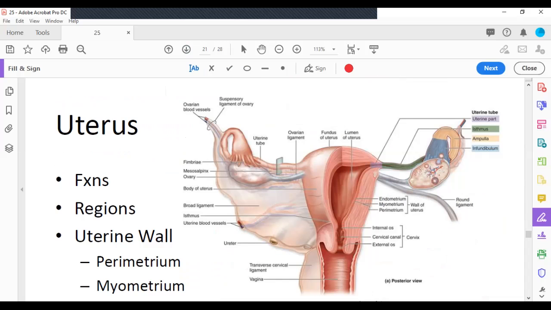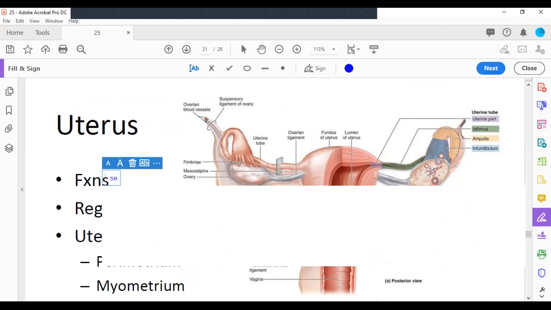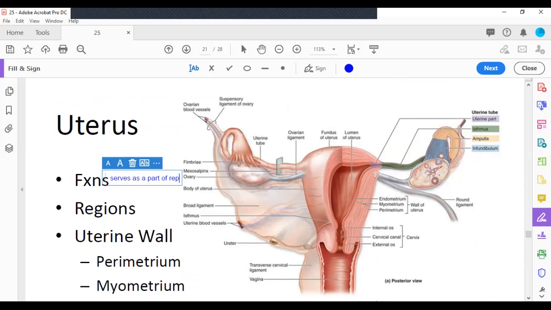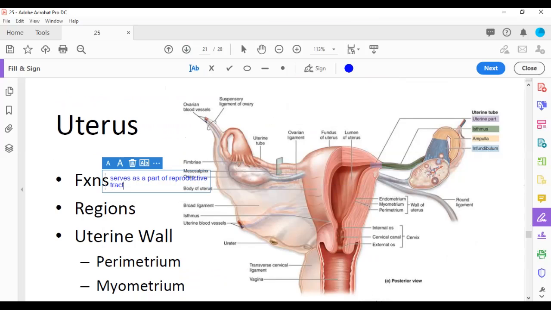Next is the uterus. The function of the uterus is, first, it serves as a part of the reproductive tract. That's the first function.